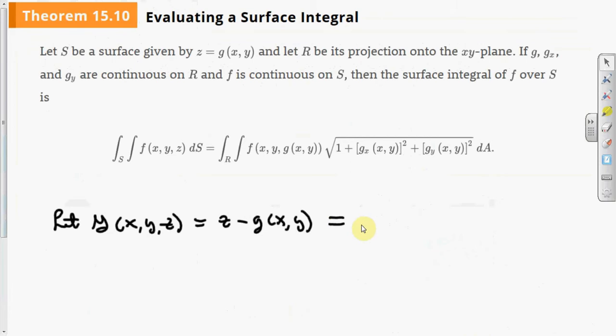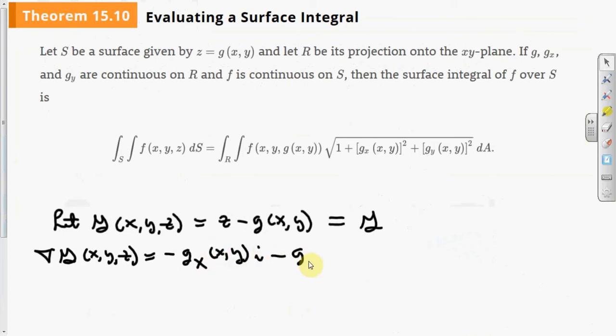I will refer to this as just capital G. Take the gradient of capital G. When I do that, I get negative g sub x of xy i minus little g sub y of xy j plus k.